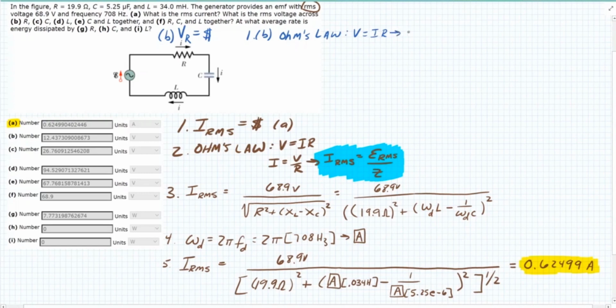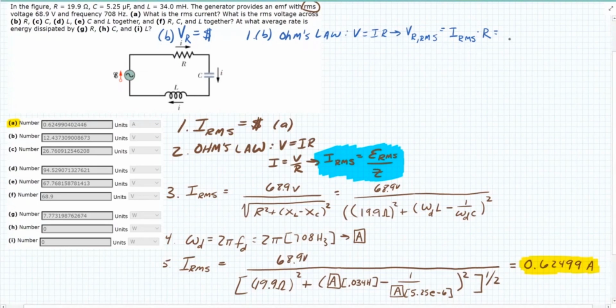That means the voltage across the resistor, RMS, equals the RMS current, which I just figured out in part A, times the resistor value, R. So we're done with part B. Let's just take that current and multiply by R and get the answer.